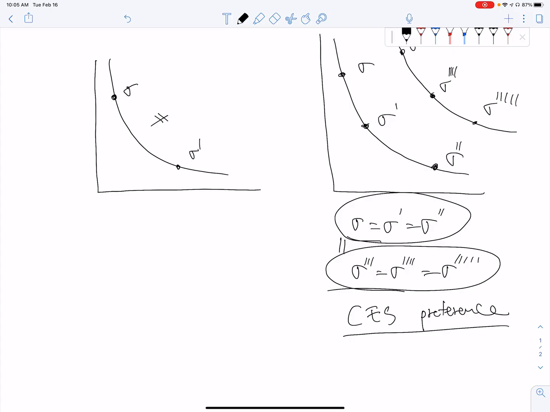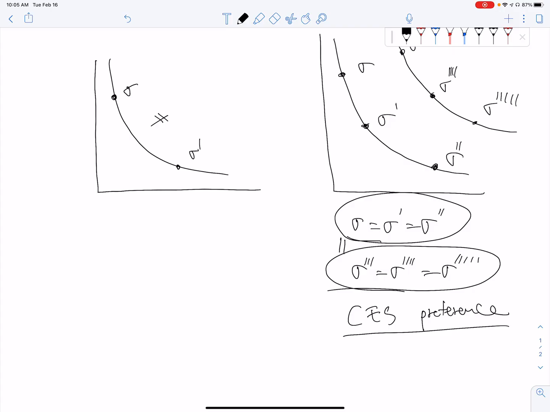Preference is represented by the set of indifference curves, right? So to be able to say constant elasticity of substitution preference, I need to give the full set of indifference curves, on which the elasticity of substitution at every point should be the same.